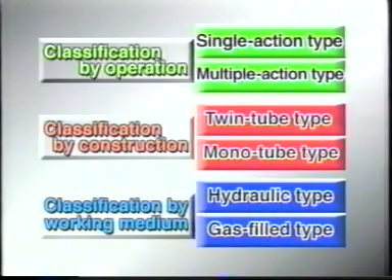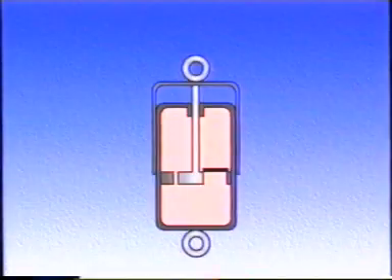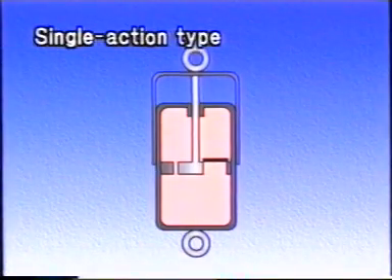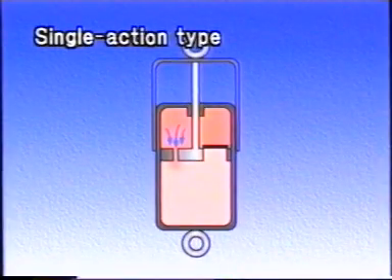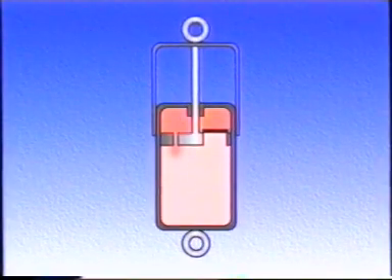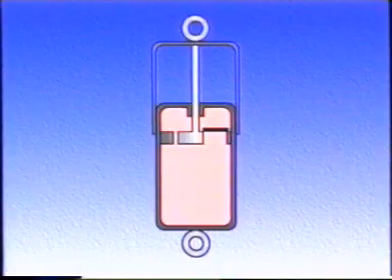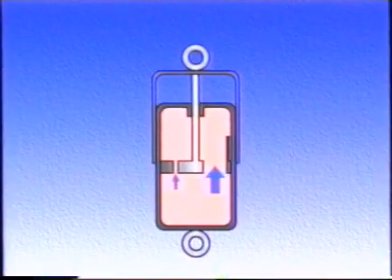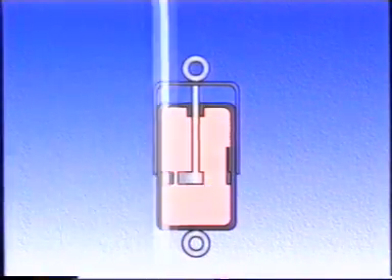First, let's take a look at the difference between the single action and multiple action types. Single action shock absorbers generate damping force only when extended. No damping force is generated when the shock absorber is compressed and the valve is wide open.